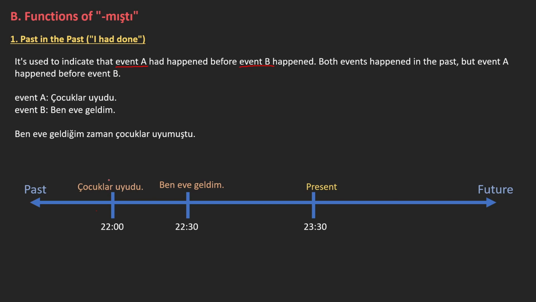Yes and no. It can mean that, but if I say were sleeping, I will use yordu, not mıştı. So it is basically like this first event happening before the second event, and both of them are in the past. Okay?